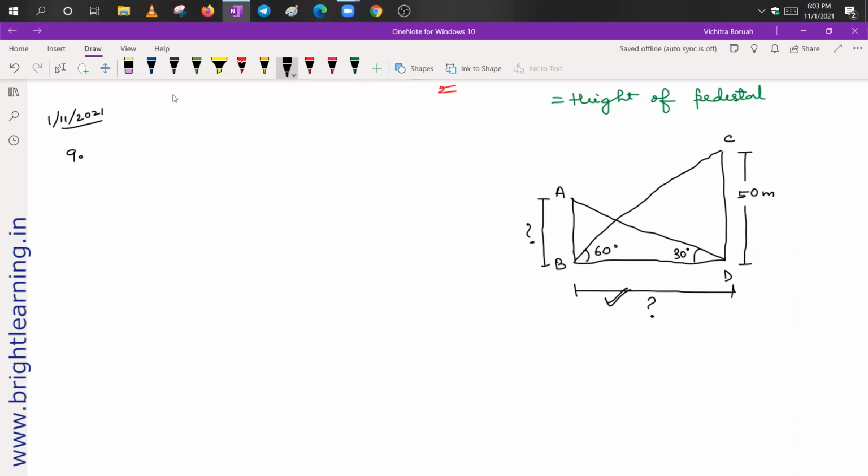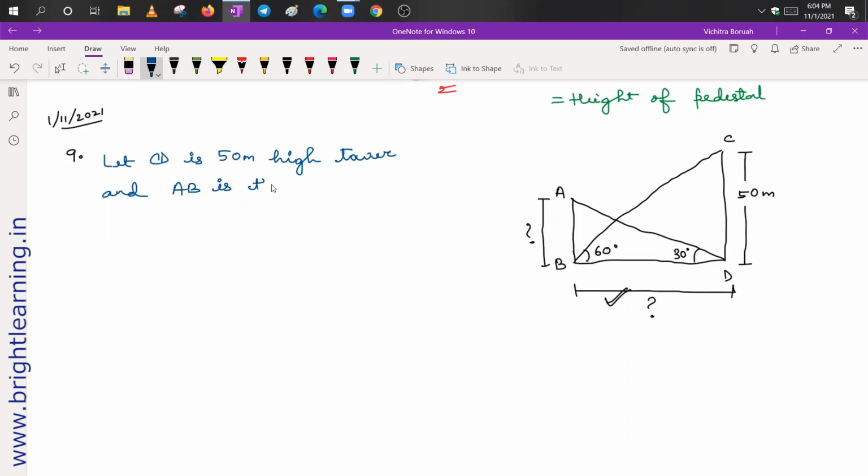So first we will write here that let CD is a 50-meter high tower, and AB is the building.